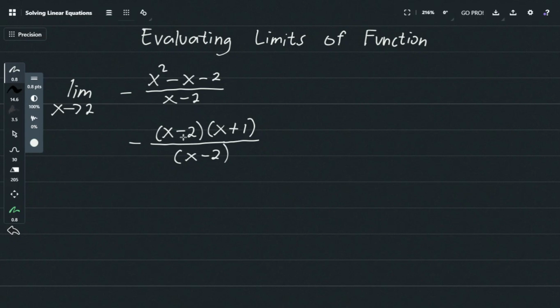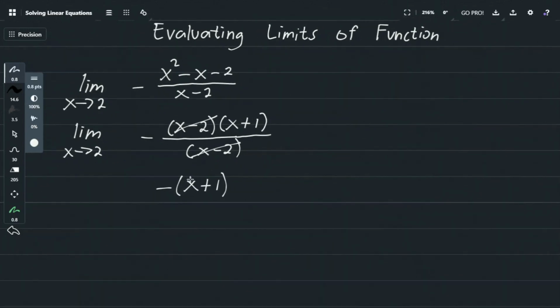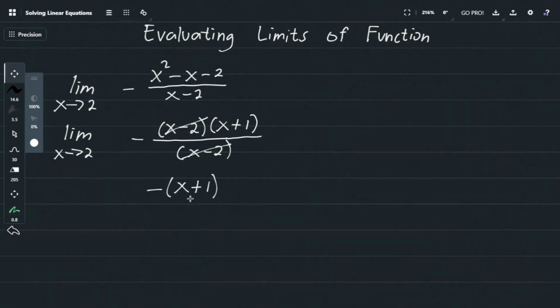As you can see, we can cancel x minus 2 out. Then copy the limit expression. Okay, so we have negative x plus 1, this expression is left. So we can copy the limit expression.